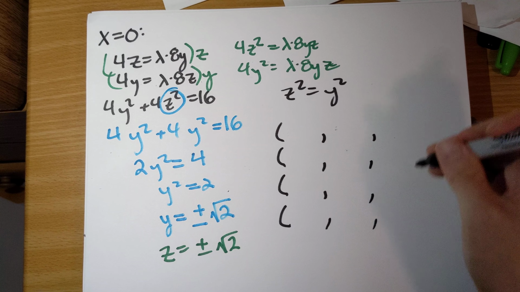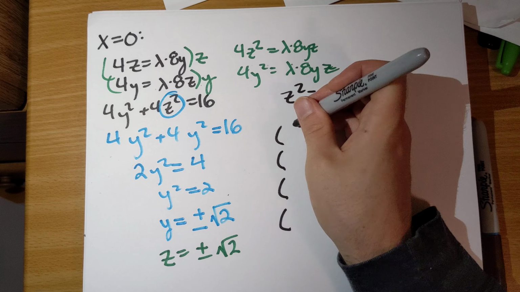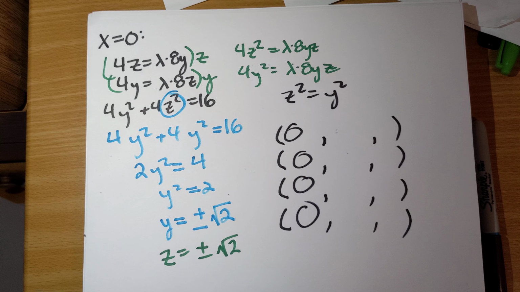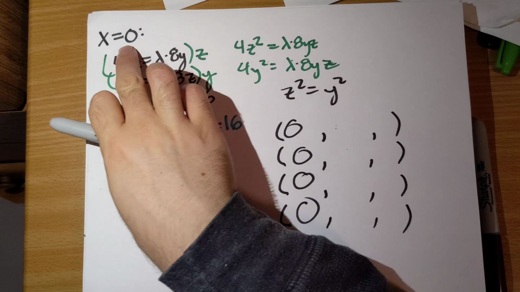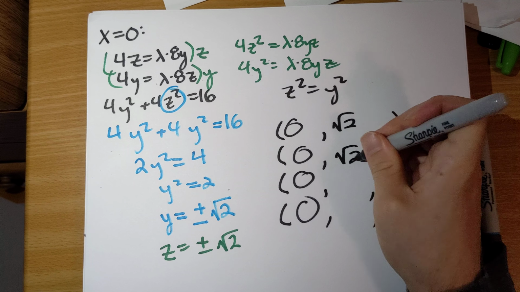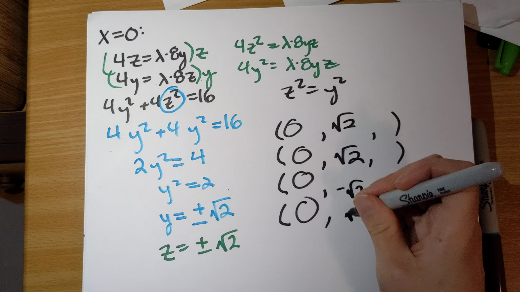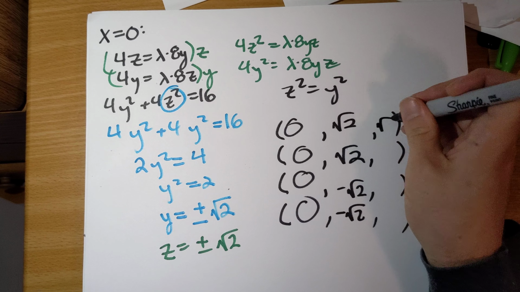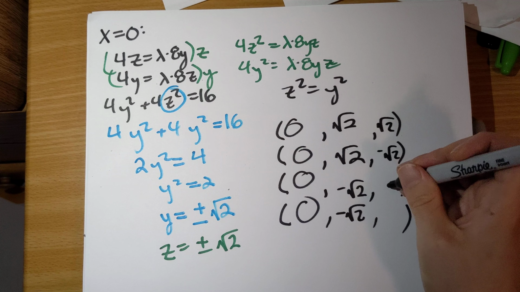And we end up with 4 critical points. What are the 4 critical points here? x has to equal 0, y can be square root 2 or negative square root 2, and z can be square root 2 or negative square root 2.